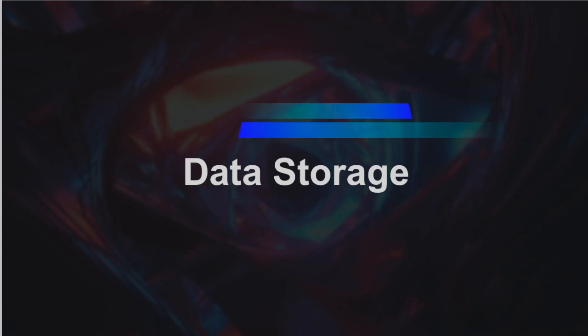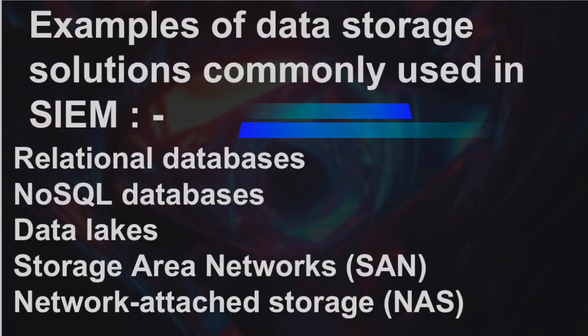There are several factors to consider when designing a data storage solution for a SIEM, including the types of data being collected, the frequency of data collection, and the retention policy for different types of data. So here are some examples of data storage solutions commonly used in SIEM.